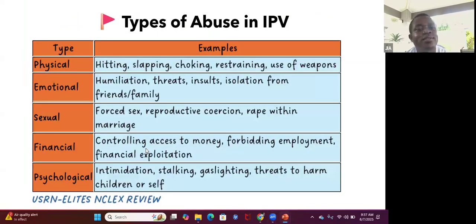Now we have types. We have the physical one. Some examples under physical can be hitting, slapping, choking, restraining, use of weapons. So these are physical ones.